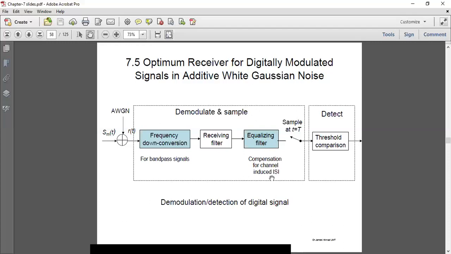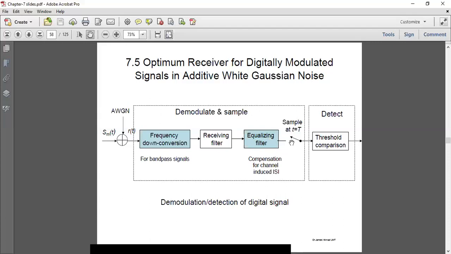The job of the equalizer is to invert the channel-induced inter-symbol interference. It may happen that one symbol is interfering with another symbol, so we have to compensate those channel-induced ISIs. The job of the equalizer is to correct those things or remove the inter-symbol interference.